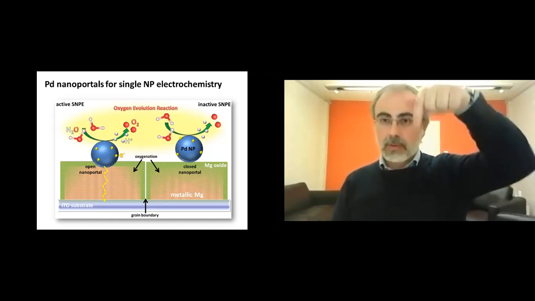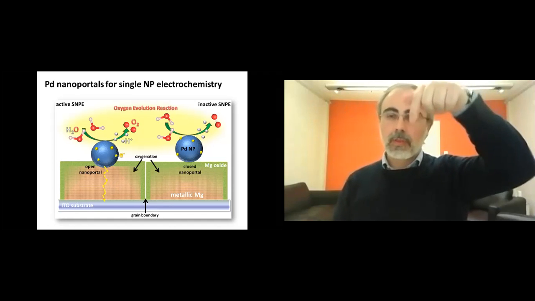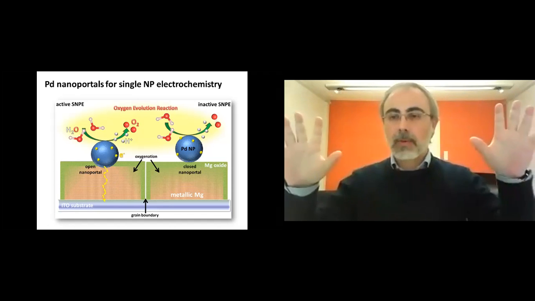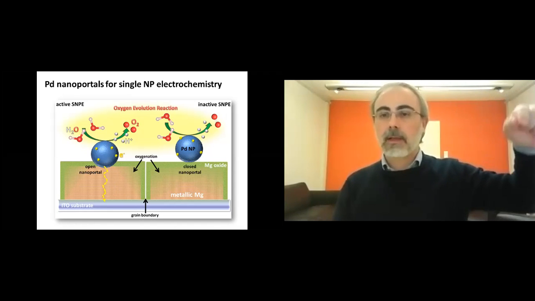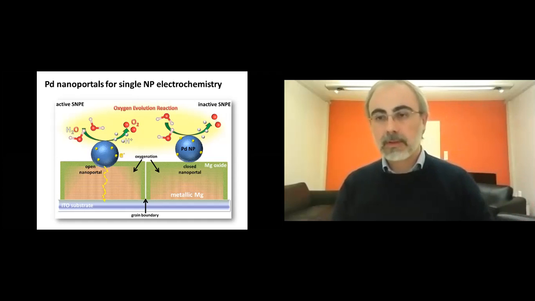As soon as you touch the particle with the AFM tip, it lights up as if it's a small light bulb. So you can actually detect every single nanoparticle, every single open nanoportal using this method.